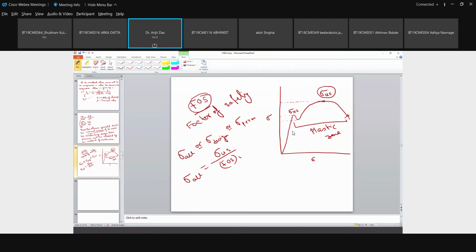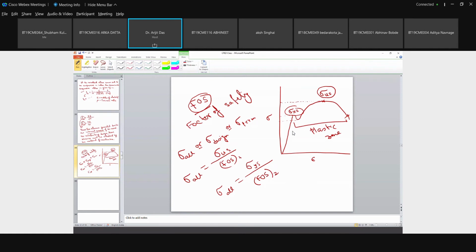Or we can also express the allowable stress or design stress with the help of the yield stress, divided by the factor of safety. These two values of the factor of safety are not the same.